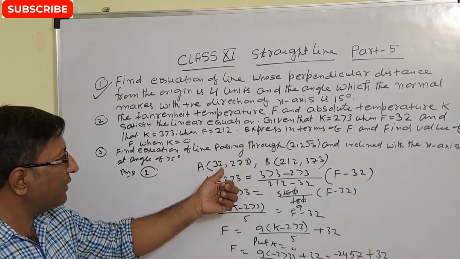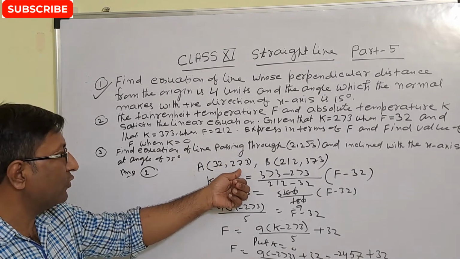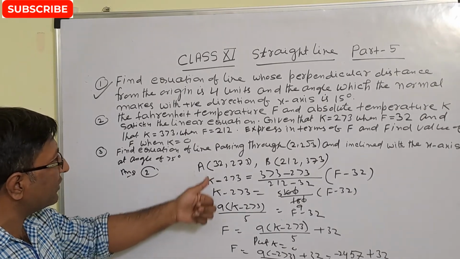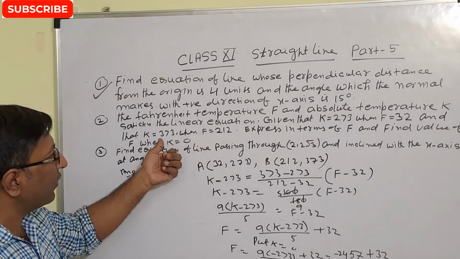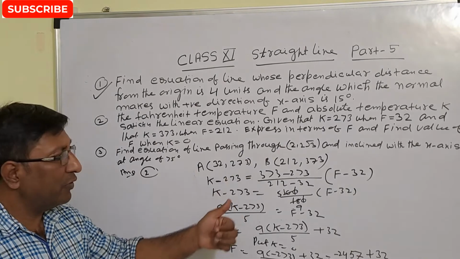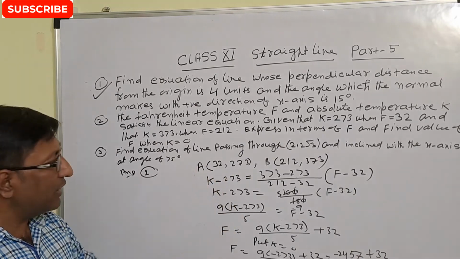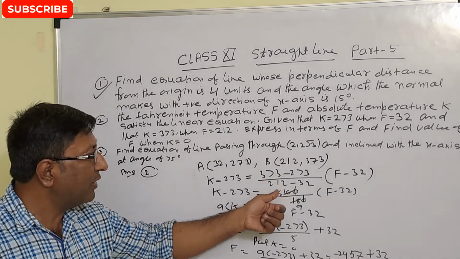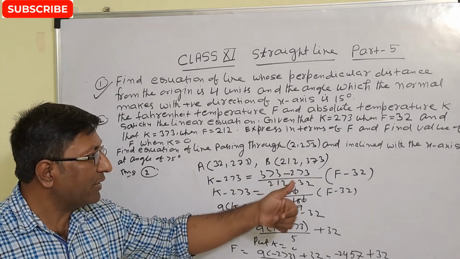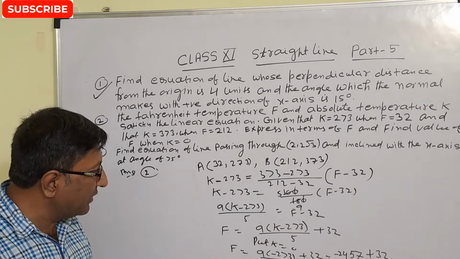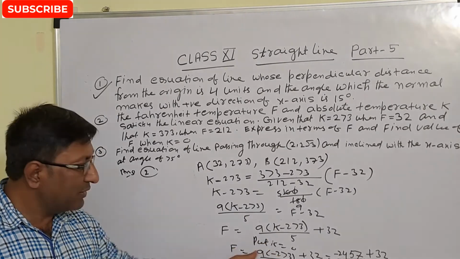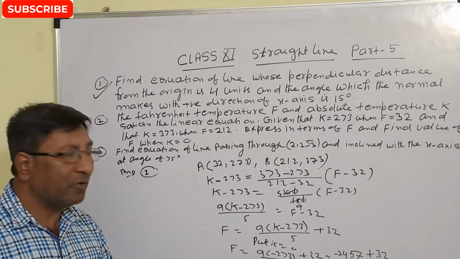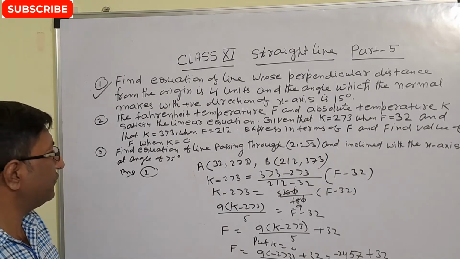So the x coordinate is 32 and the y coordinate is 273. In the second case, the x coordinate is 212. So there are 2 points. We know the two-point form equation, y minus y1 equals y2 minus y1 over x2 minus x1 into x minus x1. You can find the value of f. Now for k equals 0, put k equal to 0 and you can find the value of f.